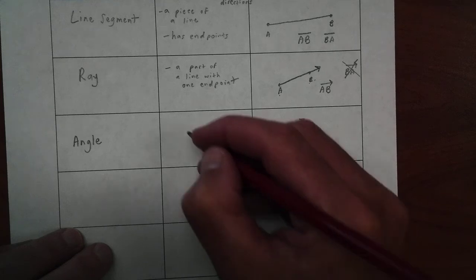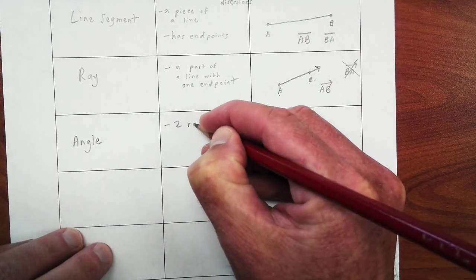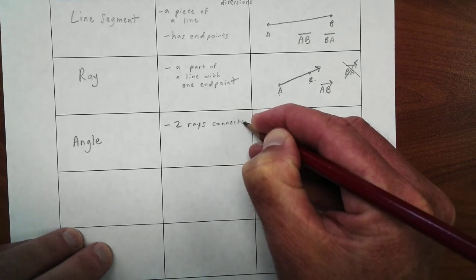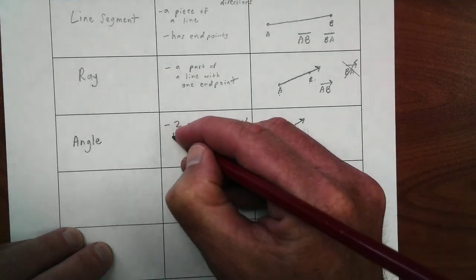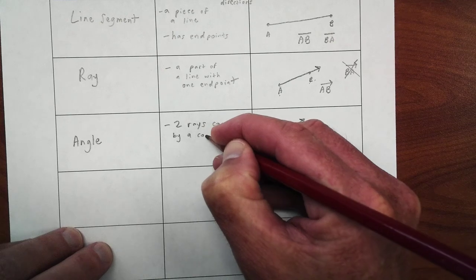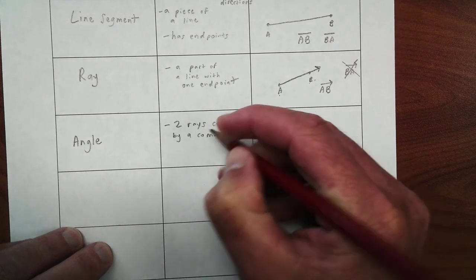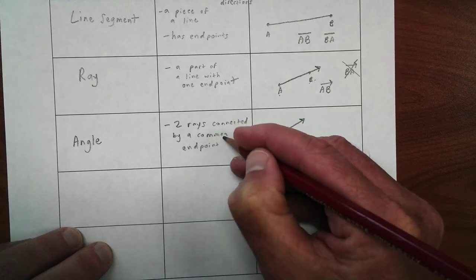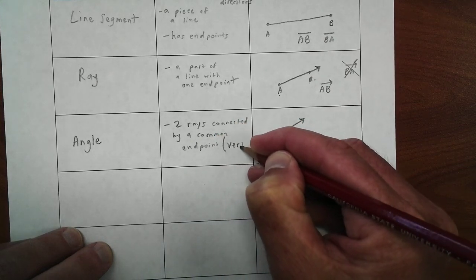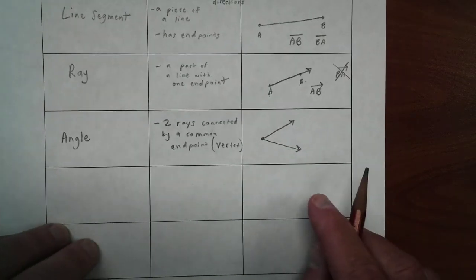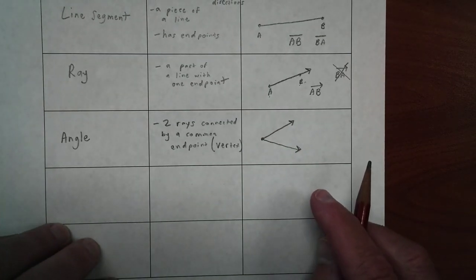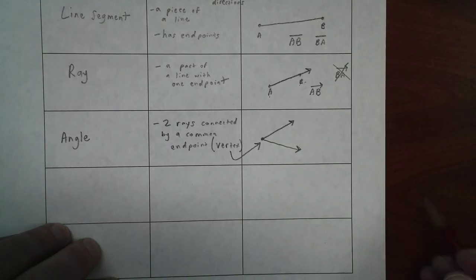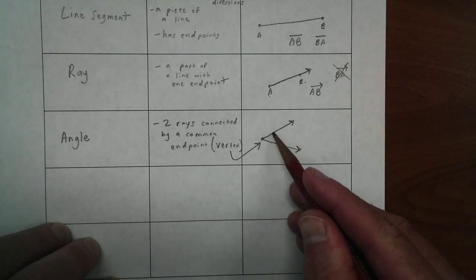So an angle is 2 rays connected by a common endpoint. And that common endpoint is called a vertex. So there's the vertex where that angle begins.